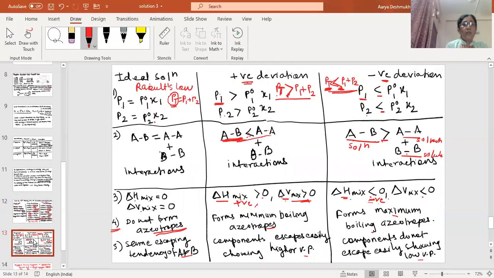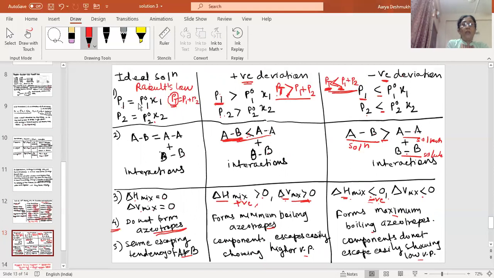Now when you proceed further, you can sum up whatever is related to ideal conditions, positive and negative deviation. The condition for ideality is that the total vapor pressure of the solution would be equal to P1 plus P2.